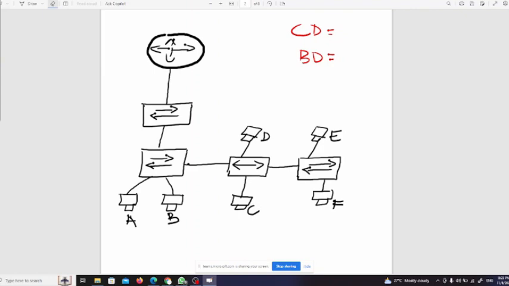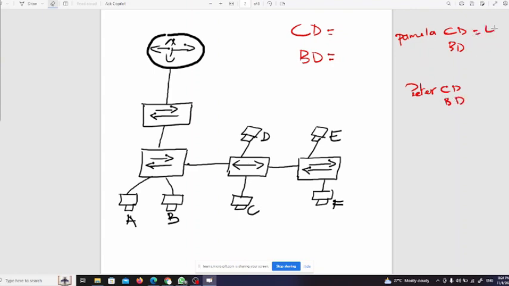I think I started with Peter, so now I will start with Pamela. Collision domain: one, 2, 3, 4. 4 collision domains.